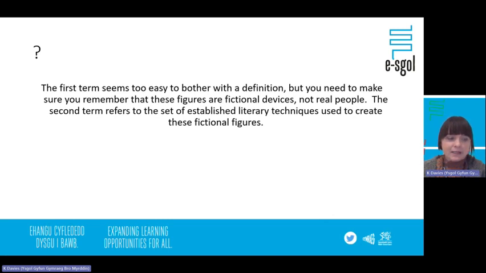One thing we have to be really conscious of is making sure that we deal with characters as characters. All right, we have to remember that these figures are fictional devices, and even if they are based on real people, they are not real people. They are creations of the dramatist, of the playwright.